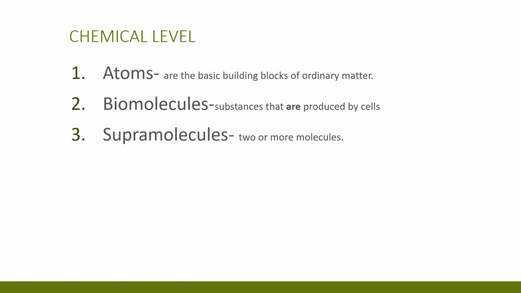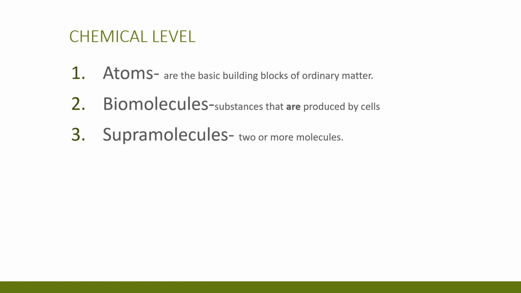If you looked at the periodic elemental chart in chemistry, it's showing you all the different elements, and they're made up of atoms of the same element. And everything is made from atoms, the building blocks for all ordinary matter. Now we have this silly breakdown to biomolecules versus supermolecules.